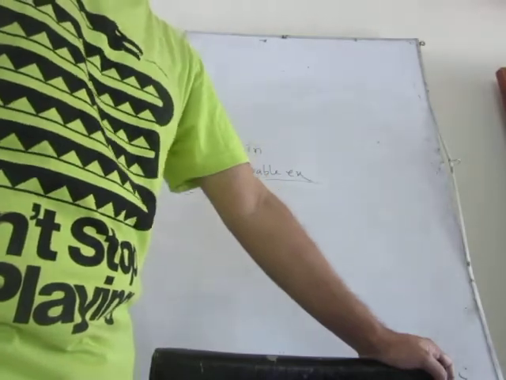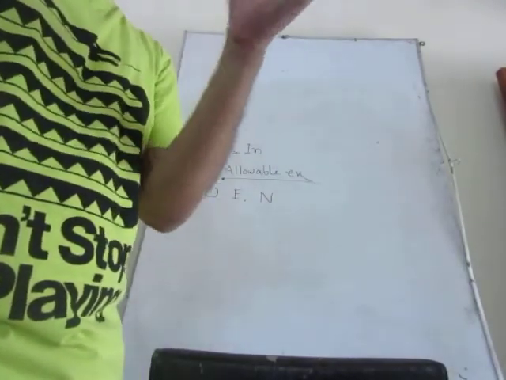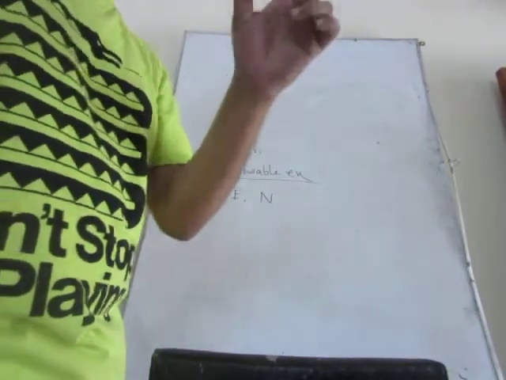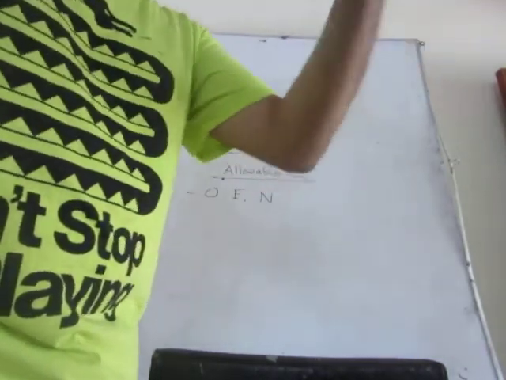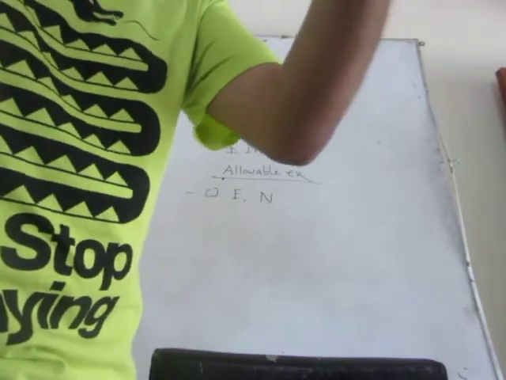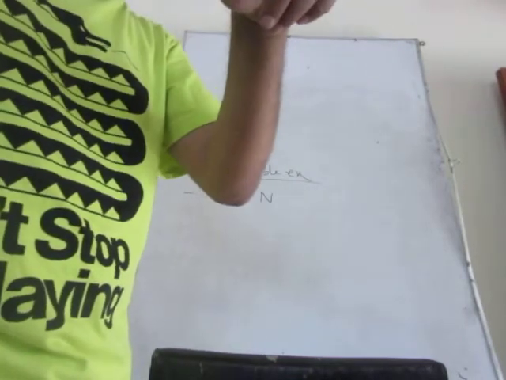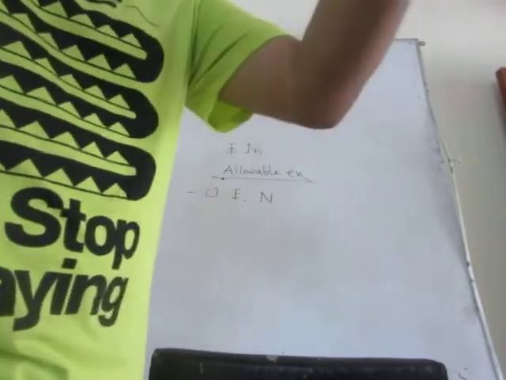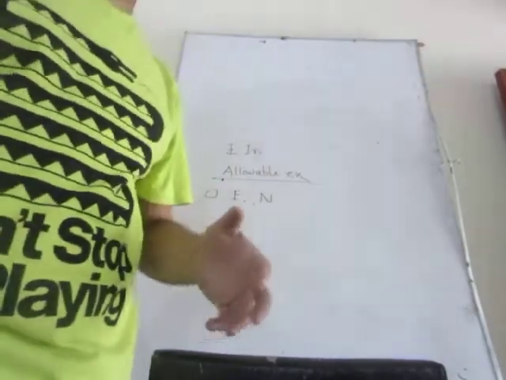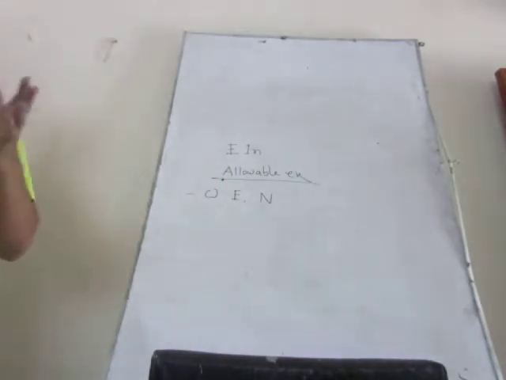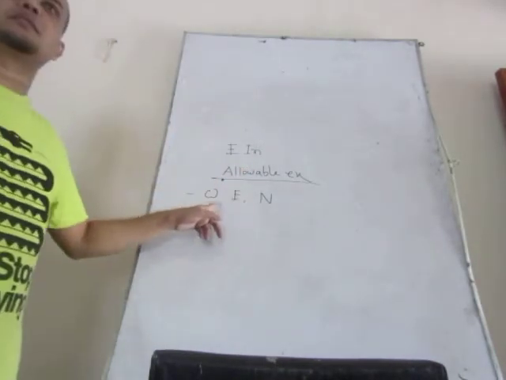Ordinary commuting means the journey from home to office. When you are making the journey from home to office, you are not yet performing your duty. You are just going there, and afterwards you will be involved in some specific duty. That's why you cannot deduct expenses for ordinary commuting. These are not allowable.